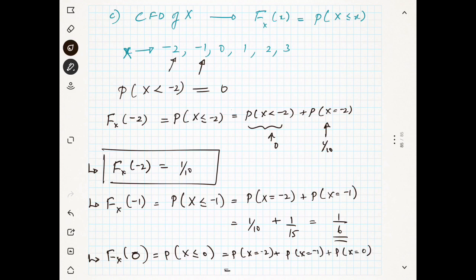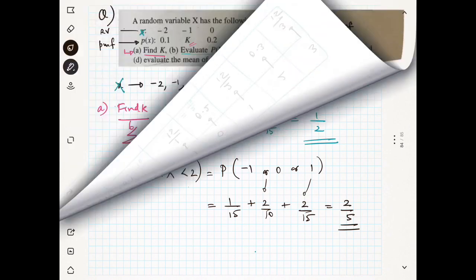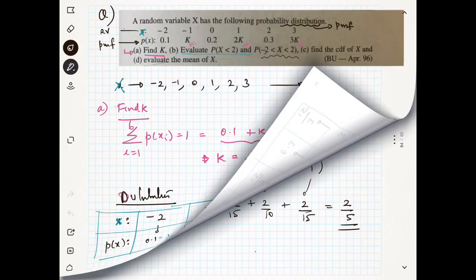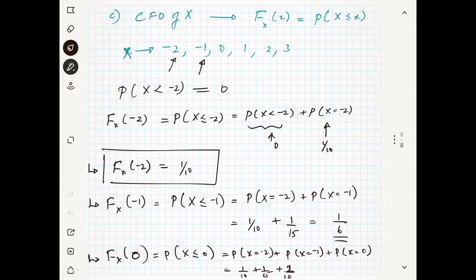So you will get 1 by 10 plus 1 by 15 plus 2 by 10. So you will get this answer as 11 by 30.